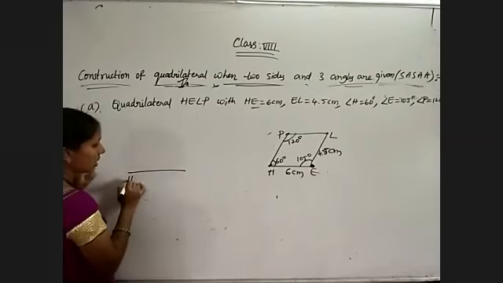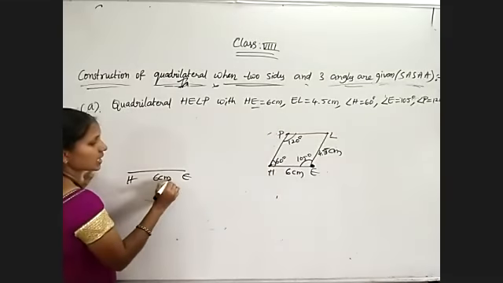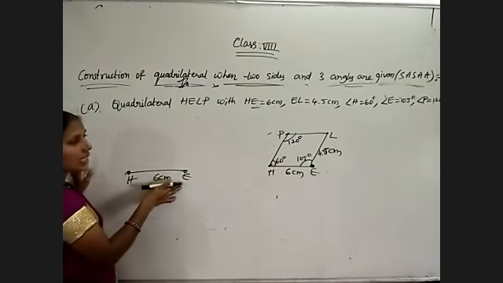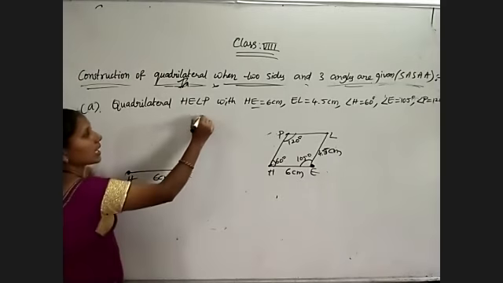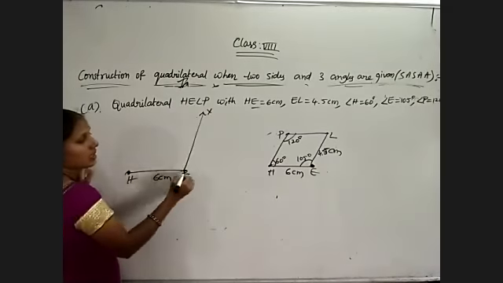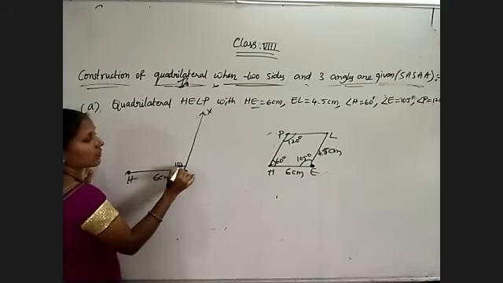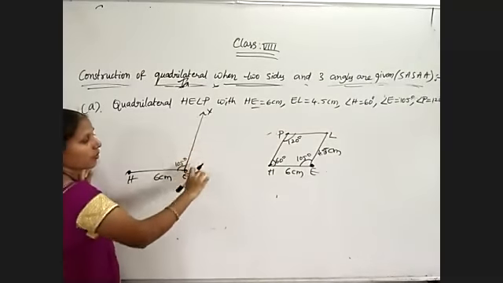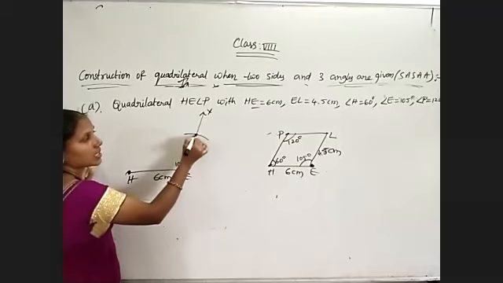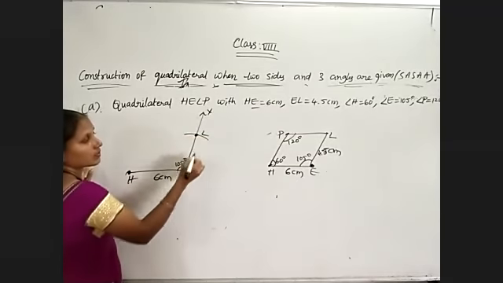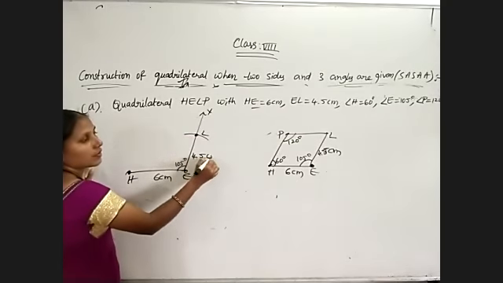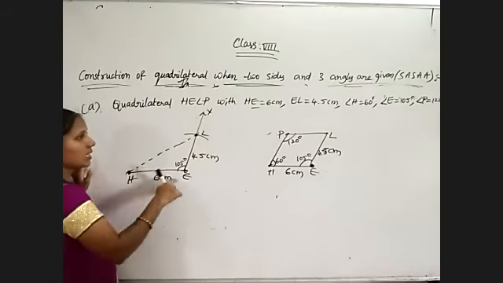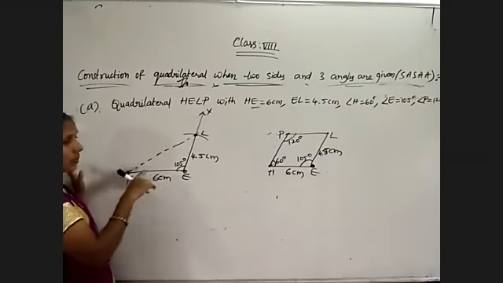HE is equal to 6 centimeters, we must construct it using the scale. Now angle E is 105 degrees, so we draw ray EX making the angle 105 degrees with HE. Now with EL as 4.5 centimeters radius, draw an arc. Finished. This is the triangle HEL with the measurements we got.